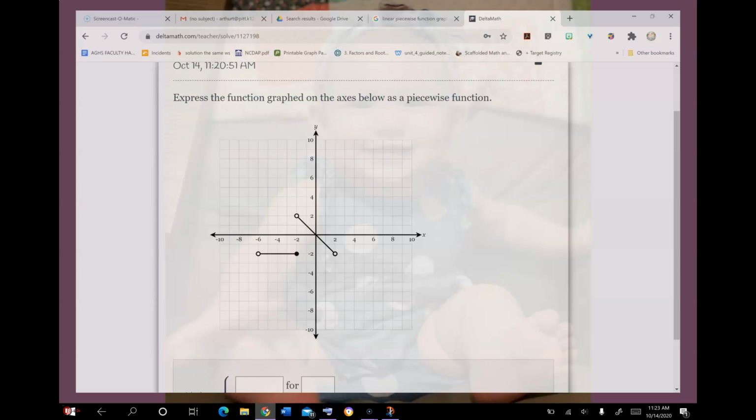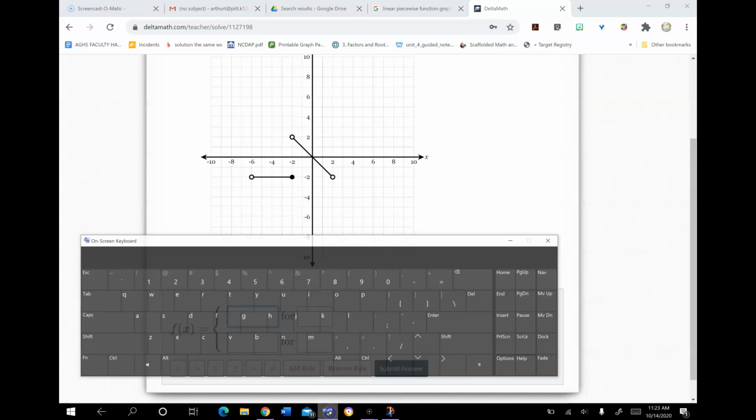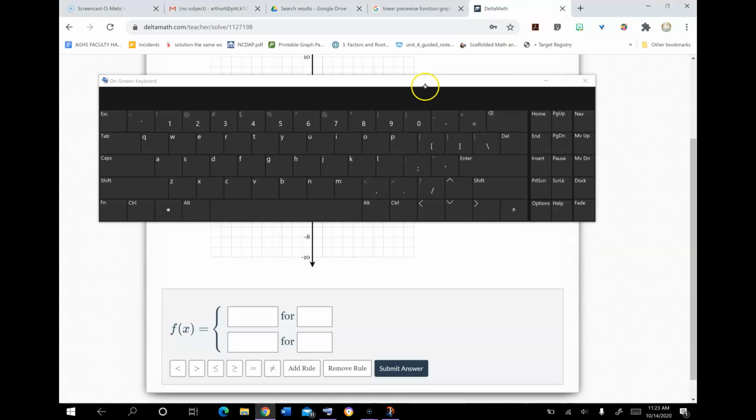So we go back to Delta. I'm going to type it in. Let's get our keyboard up. We have -2. That was it. And now watch this one, please. We haven't done one like this. -6 is less than x, which is less than or equal to -2.